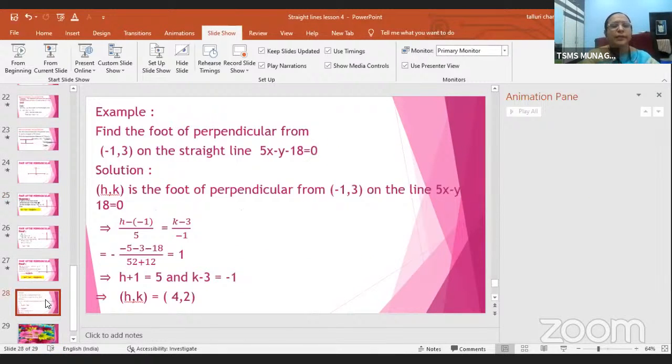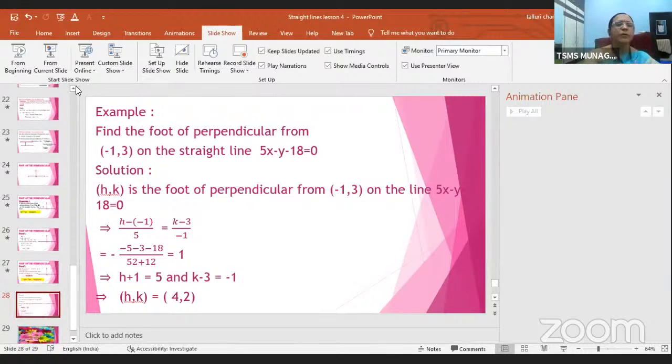So this is the example that we have seen to find the foot of the perpendicular. In a similar way, we also have the image of a point, which we will be seeing in our next class. Okay, children. So for today, please revise these points. What are all the things that we have learned today?